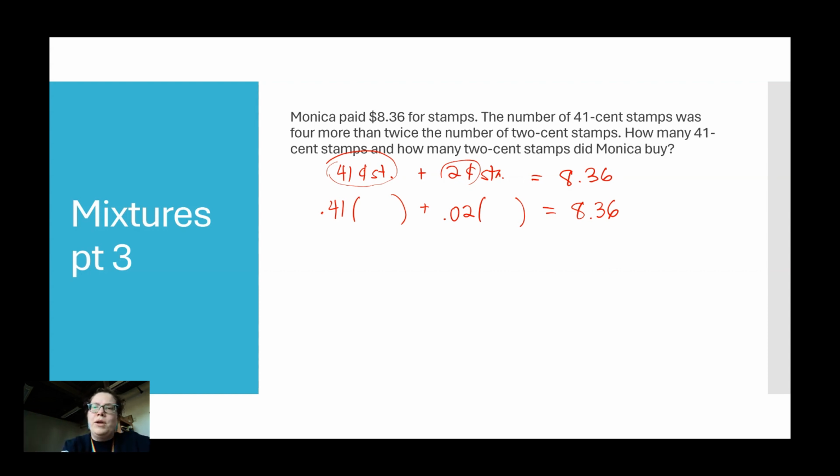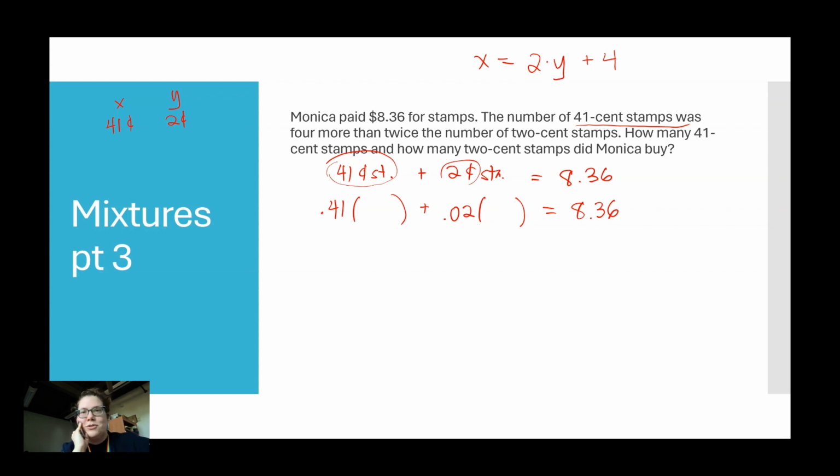All right, the number of 41-cent stamps was, let's just really quick, let's say that X is 41-cent stamps and Y is 2-cent stamps, okay? So the number of 41-cent stamps is 4 more, plus 4, than twice the number of 2-cent stamps.